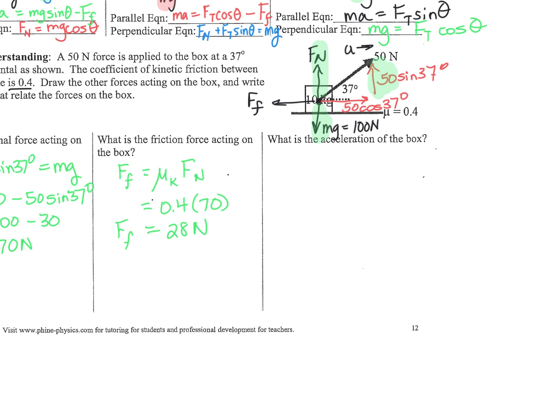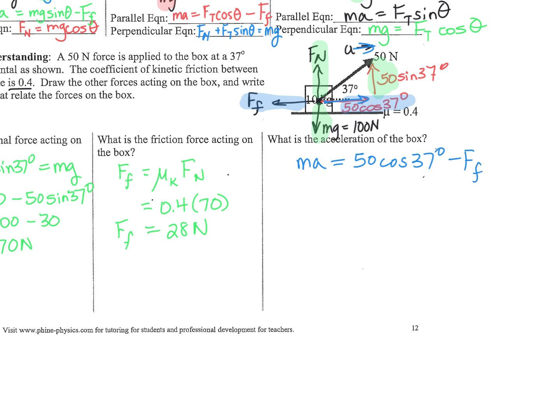Now what's the acceleration on the box? Well, the acceleration is going to come from the other direction, if you remember. Acceleration is going to come from parallel, which is just these two guys. So what do we get? We get ma is equal to 50 cosine 37 degrees because it's going in the same direction. It's going this way, acceleration's going this way, minus that force of friction.